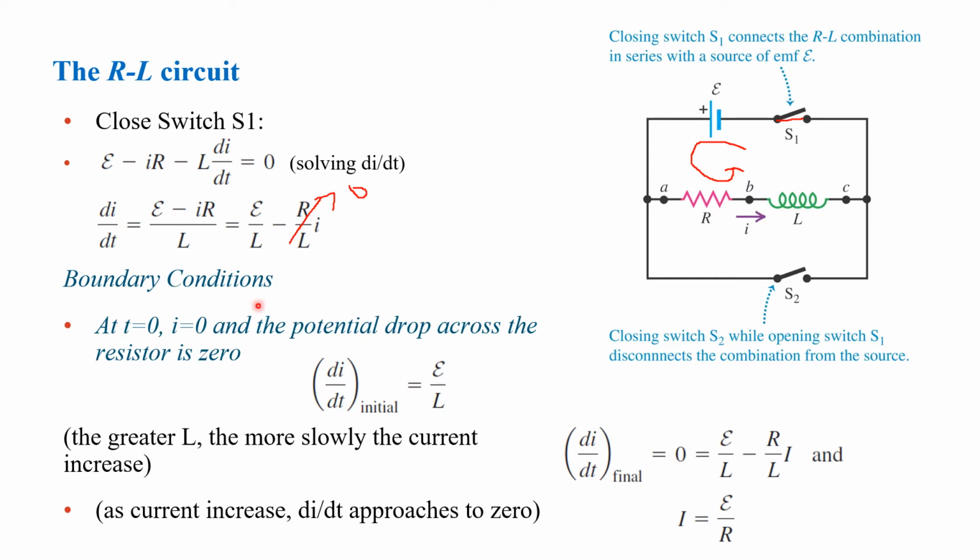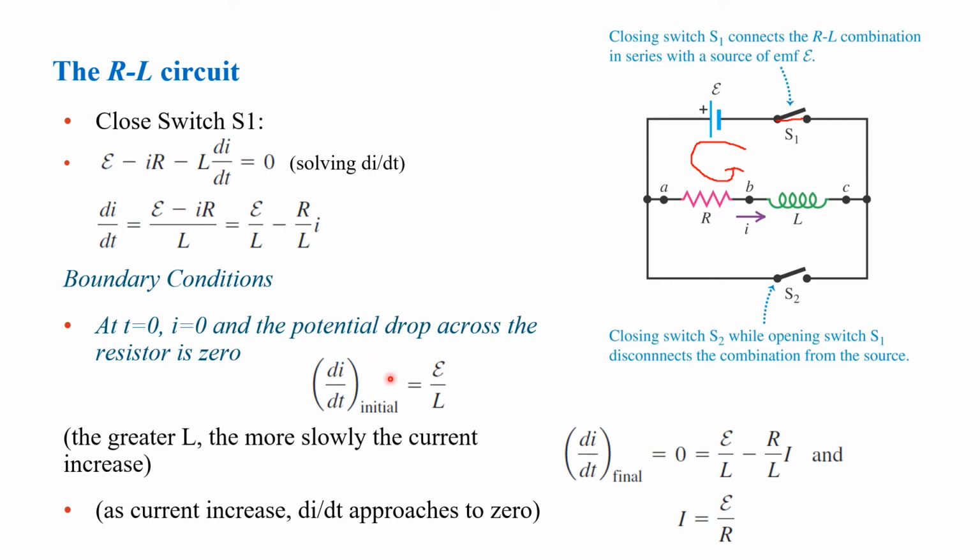And if your dI over dt is now zero, then you have zero that's equal to epsilon over L minus R over L times I. Playing with the equation here, you have your current that's equal to epsilon over R, which is the maximum current that your circuit can attain.